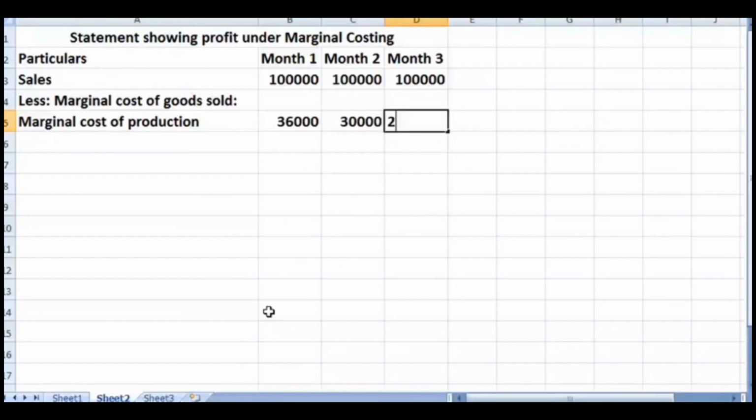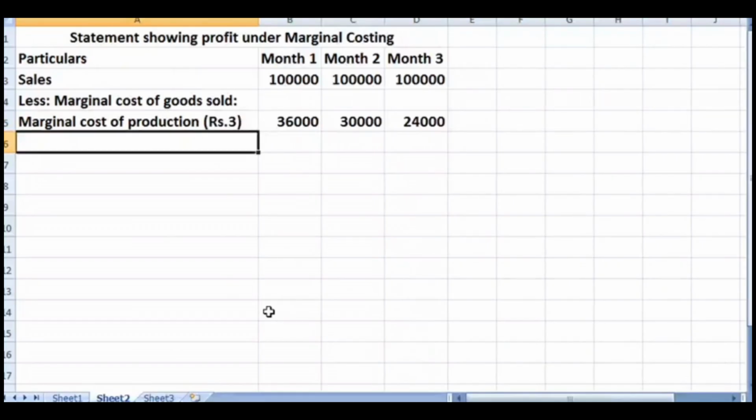Got it? Clear? And in the bracket you can write that it is rupees 3 per unit, as you have brought it. And then add opening stock, which is also at rupees 3.